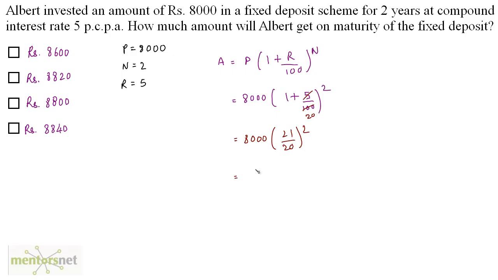So this is equal to 8,000 times 21 square is 441 divided by 20 square is 400. So these zeros get cancelled out. We have 4 times 20 as 80. So 441 times 20, and that's 8,820. And this is the amount. So we have our answer, option B, 8,820 is the amount.